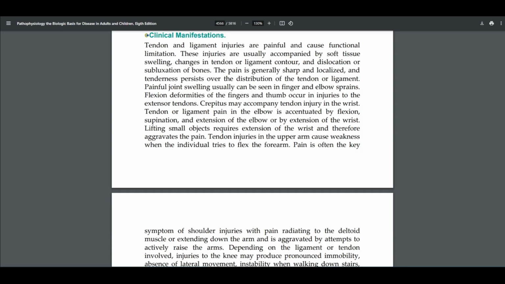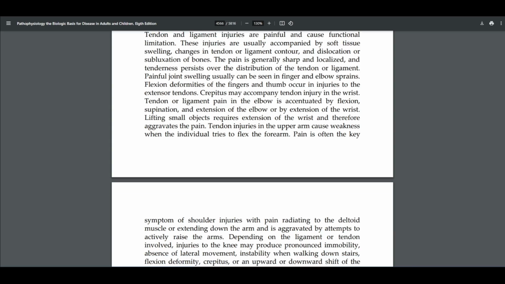Tendon or ligament pain in the elbow is accentuated by flexion, supination, and extension of the elbow, or by extension of the wrist. Lifting small objects requires extension of the wrist and therefore aggravates the pain. Tendon injuries in the upper arm cause weakness when the individual tries to flex the forearm.